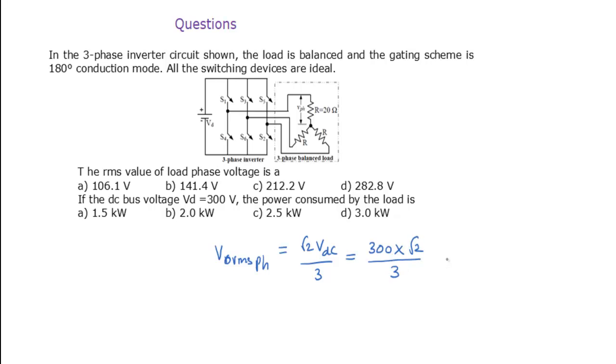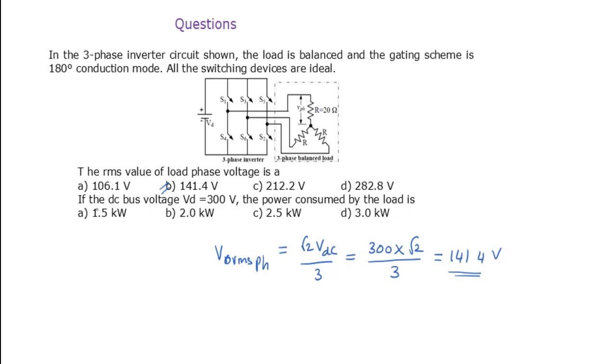The 3 gets cancelled, 100 times root 2, and root 2 is 1.414, so it is 141.4 volts. So this is the answer for that.